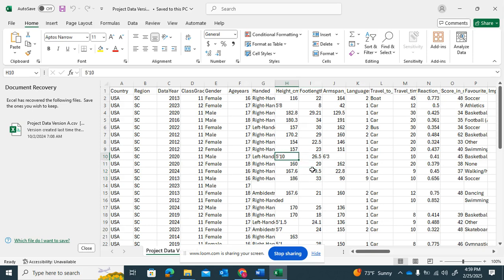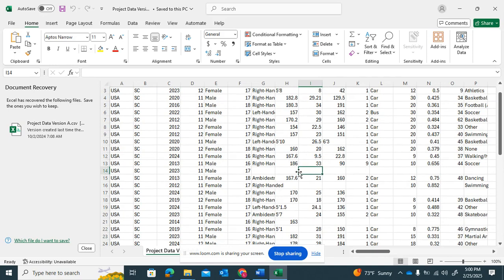But for example, if you had height and they put 5'10", that means 5 foot 10 inches, which is not the correct units. So if someone's 5'8", you have to convert that to centimeters. You could just look up a calculator online that converts height to centimeters. Foot length should be in centimeters.